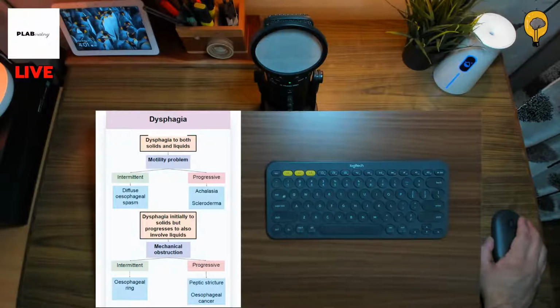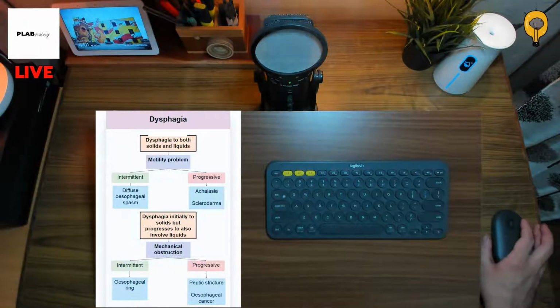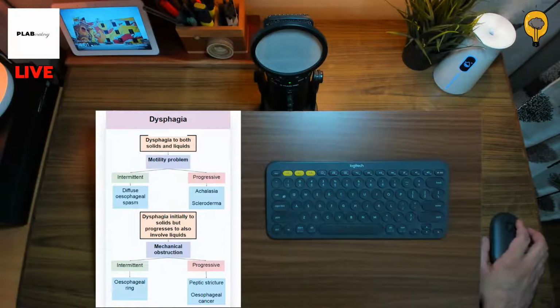Dysphagia to both solids and liquids is due to motility problem. Dysphagia initially to solids but progressing to involve liquids later is due to mechanical obstruction. Motility problem can be intermittent or progressive. Intermittent is diffuse esophageal spasm, progressive is achalasia and scleroderma. In mechanical obstruction, intermittent is esophageal ring, progressive is esophageal cancer and peptic stricture.